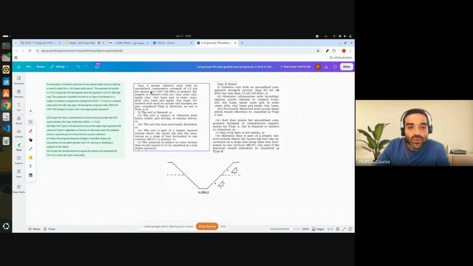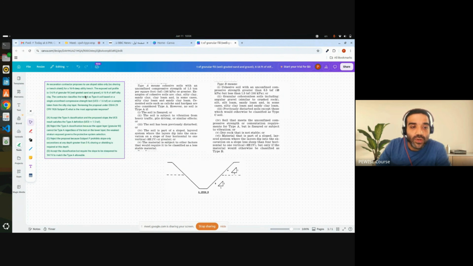So we go to type A to see if this soil qualifies for that. Type A means cohesive soil with an unconfined compressive strength of 1.5 ton per square foot or greater. So here we have 2 data points. One is the soil is granular, well-graded sand, so it is not cohesive.